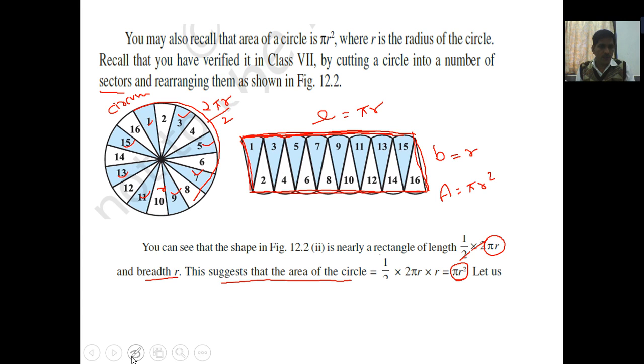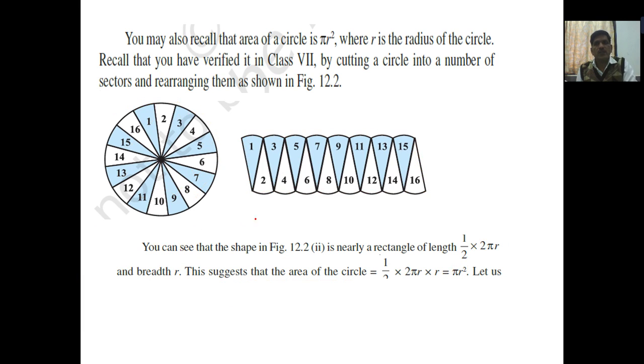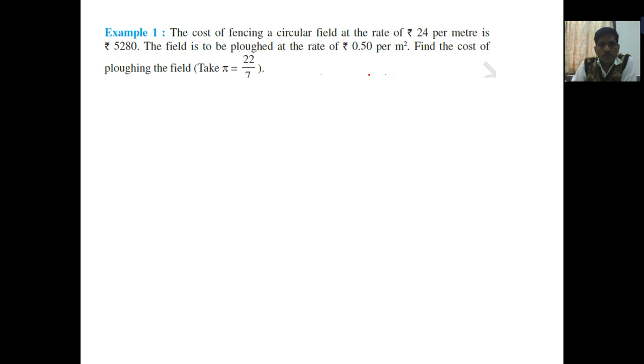Now we go to exercise 12.1. Before we start exercise 12.1, there is one example which is also helpful to us. For the cost of fencing, what do we have to use? We have to use A is equal to pi r square and C is equal to 2 pi r. Two things we have to use.